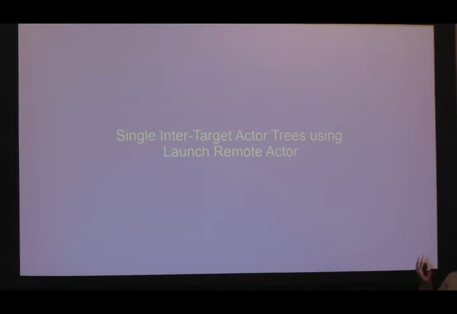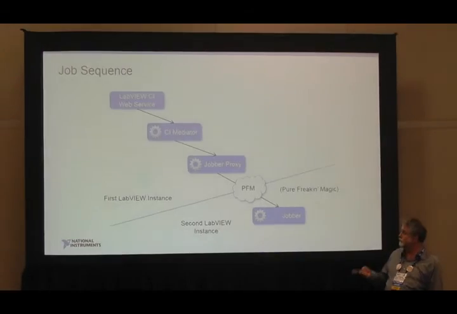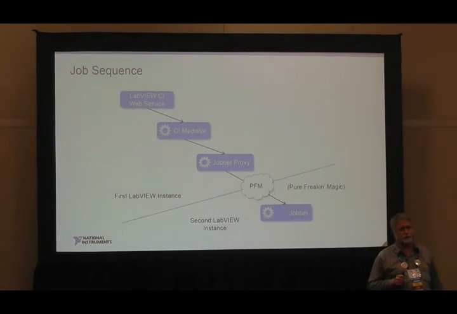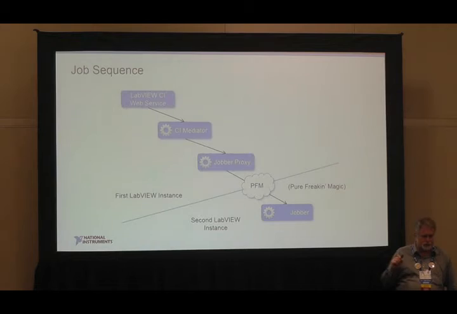Launch remote actor, as I said, initially required an experimental fork of actor framework. That has been resolved. Launch remote actor now reaches out and just uses a straight up installed version of actor framework. And for the web service, it actually gave us a much cleaner, easier to understand solution to this exact same problem, which is why we use it in the web service.